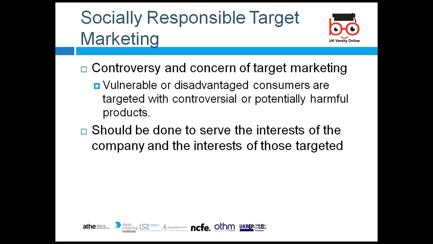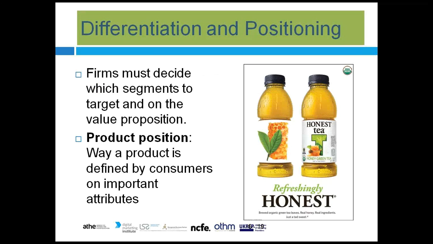You need to think about it, because you're actually helping people and promoting your product, and ultimately they will buy it. You're not giving it free forever, but instead of spending a lot of money on advertising, why not social marketing? People will appreciate that you build the schools, you build the roads, you sponsor the games. This social marketing should serve the interest of the company and the interest of those targets. It needs to serve both interests.